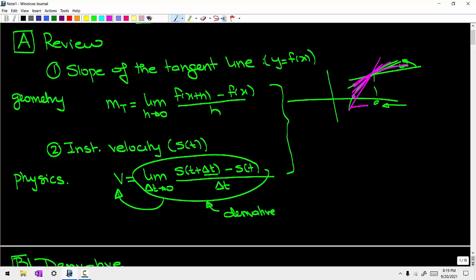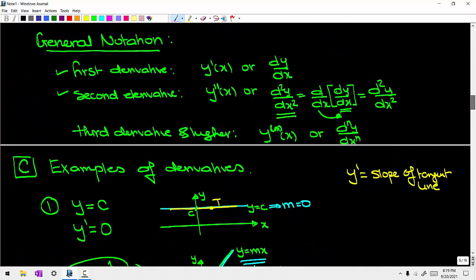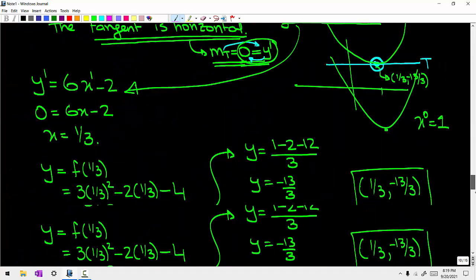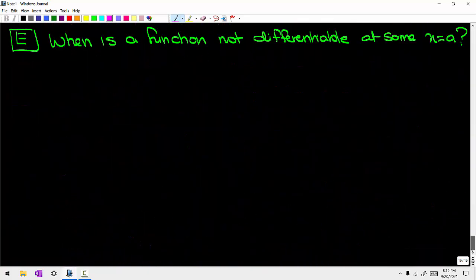Technically this limit formula means you're coming from both sides. h is going to 0 from both sides. So another way the function is not differentiable is if the two limits from both sides are not the same, and that would mean that the limit does not exist.